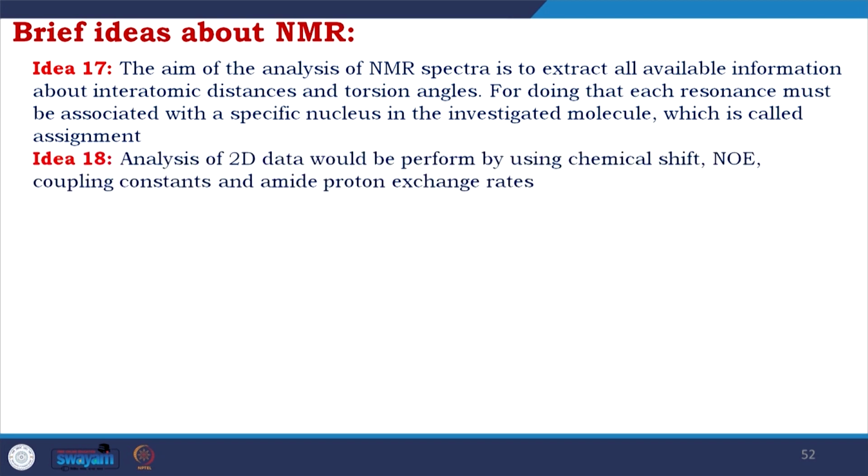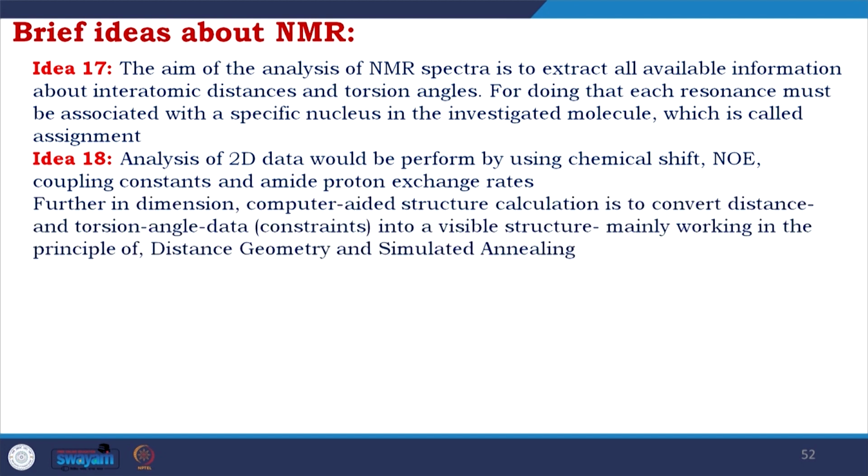Idea 18: analysis of 2D data would be performed by using chemical shift, nuclear Overhauser effect spectroscopy, coupling constants, and amide proton exchange rates. Further, computer aided structure calculation converts distance and torsion angle constraints into a visible structure, mainly working on the principle of distance geometry and simulated annealing.